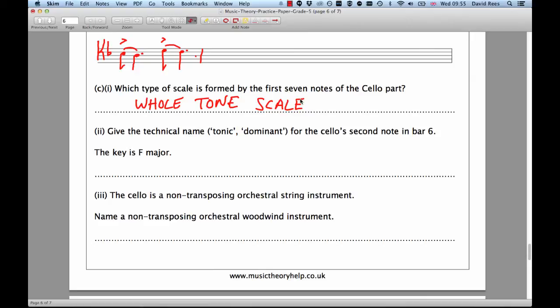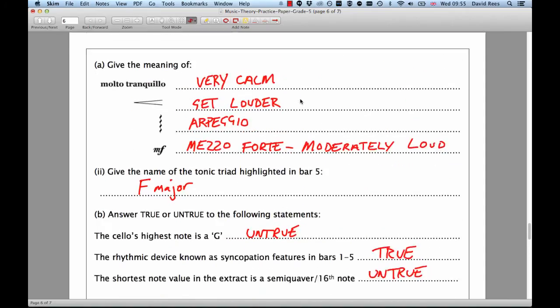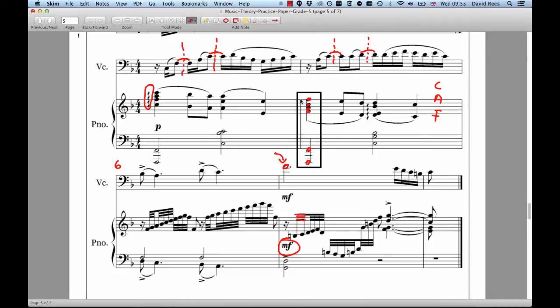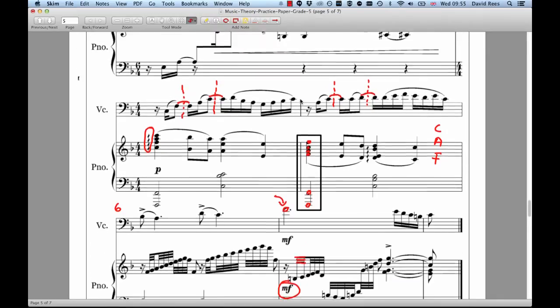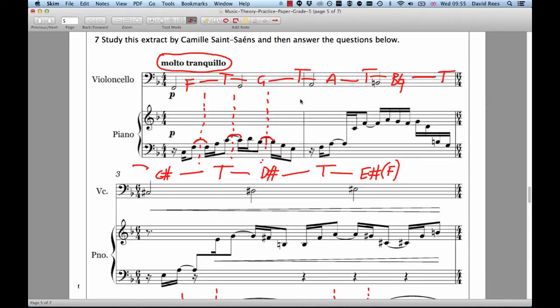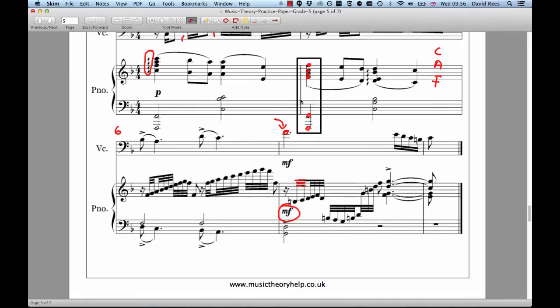Okay, part 2 says give the technical name tonic dominant for the cello's second note in bar 6. Let's go and find that note. Bar 6 is this one. So we're asking the question, well, what is this note? The second note of bar 6.